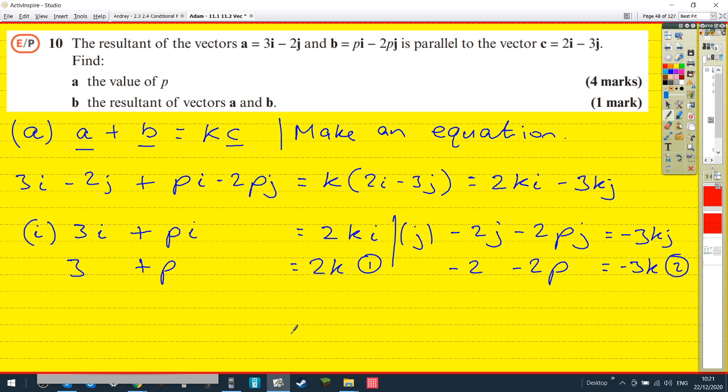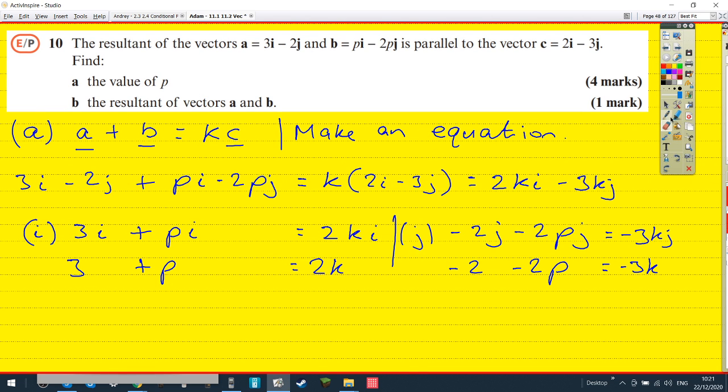You might need to move stuff around for the calculator. You want to flip the K and the P around. You want the two unknowns on one side of the equal sign. That's just how the calculator takes it in. So for j, you want the minus 2 on one side of the equal sign, however you do that. So it'd be 3K minus 2P equals 2.